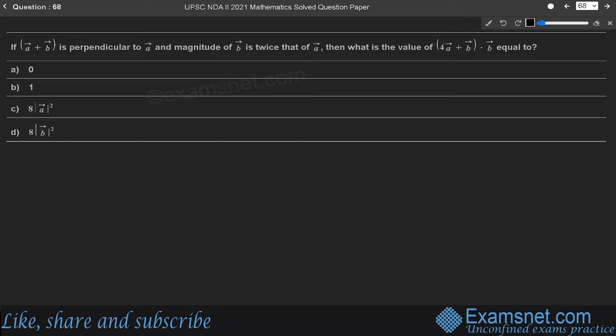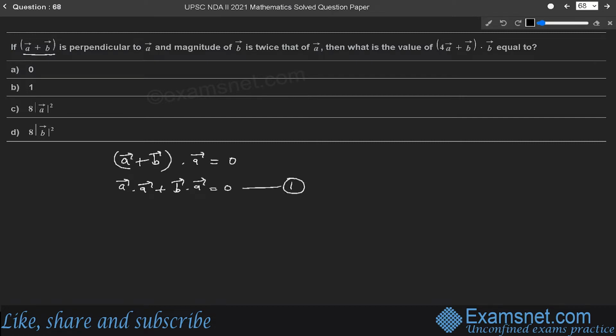Next question is, if A vector plus B vector is perpendicular to A vector and magnitude of B vector is twice that of A vector, then what is the value of 4A vector plus B vector dot B vector? It is given that A vector plus B vector is perpendicular to A vector. Therefore, A vector plus B vector dot A vector will be equal to 0. So it will be A vector dot A vector plus B vector dot A vector is equal to 0.